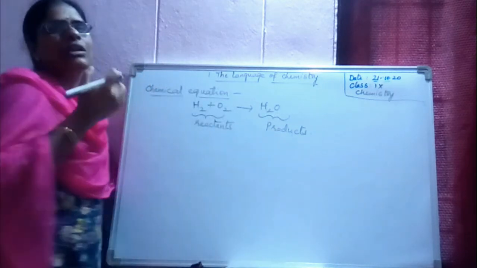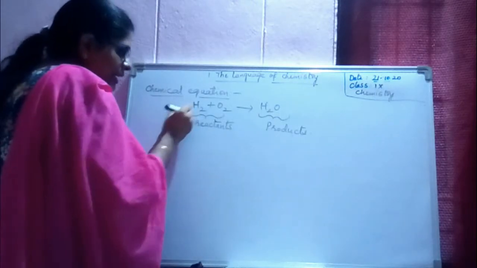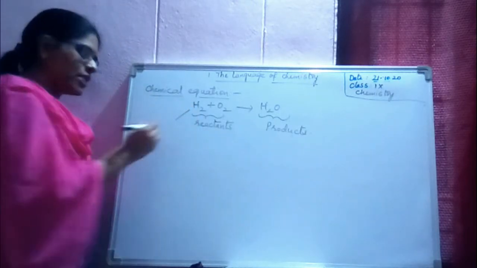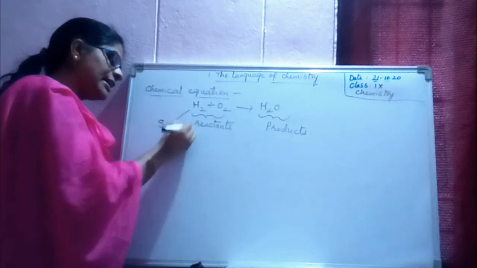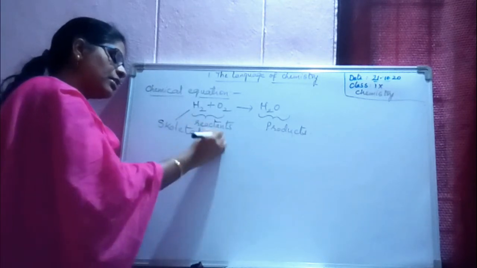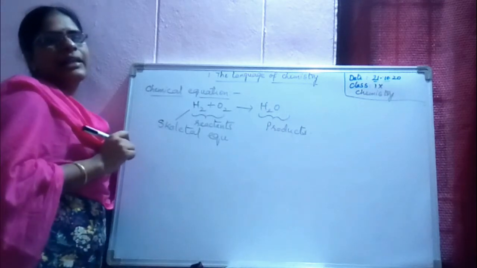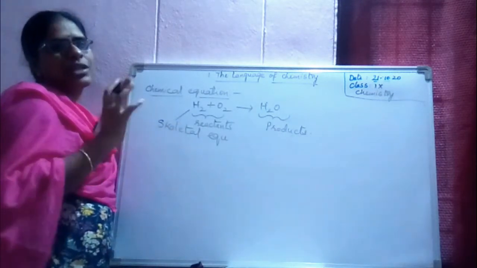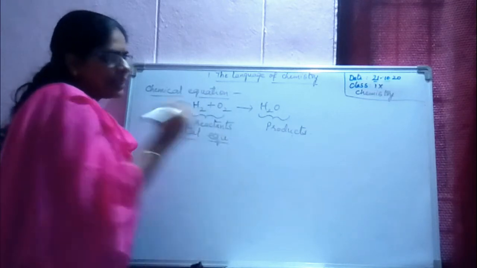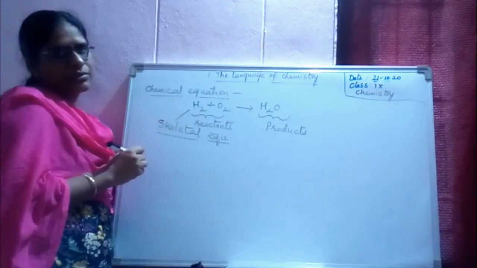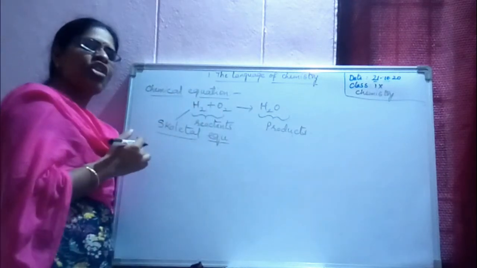If they are not equal, then an unbalanced chemical equation is also called a skeletal equation. Okay? Unbalanced chemical equation is also called a skeletal equation. Okay, children? Now, how can you say, ma'am, it is not balanced?